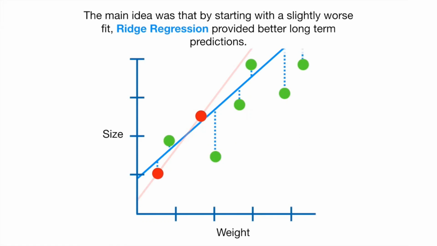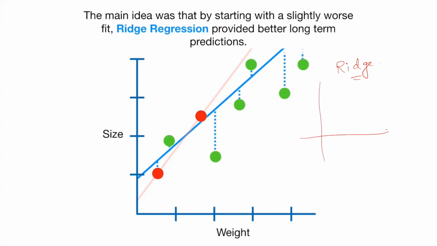So these are the concepts which will be asked in an interview. Whenever they ask what is ridge regression, even though you don't remember the definition, you should be able to say that ridge regression is used as a regularization technique.